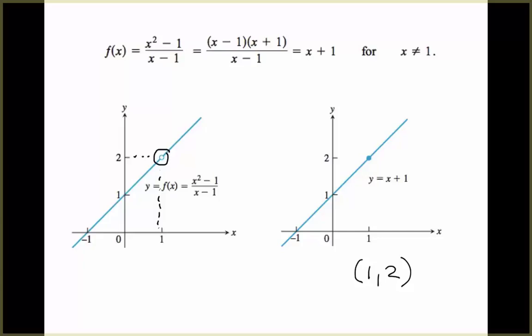We see that the values of f of x get very, very close to 2 as x gets really, really close to 1, even though the function isn't even defined at x equals 1. So now let's give our informal definition of a limit of a function.